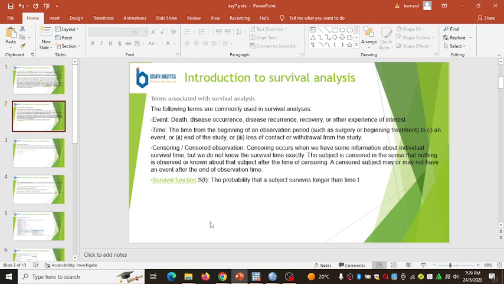That's when we construct the survival curves and identify factors that may influence the occurrence of those particular events.